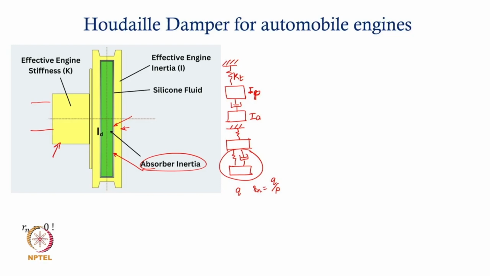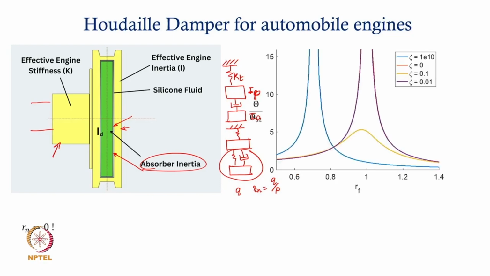We will not get into all the steps again, except that if you substitute all of these quantities appropriately, this is what the response plot of theta will look like, the torsional deflection of the main system. Obviously we would be interested in reducing the torsional oscillations of the pulley, because the belt is running over it. We do not want large torsional displacements there.